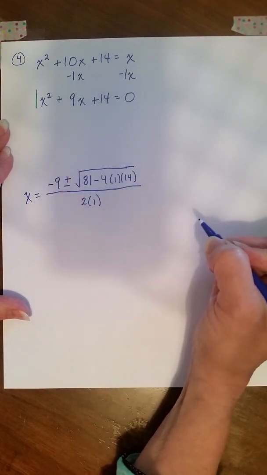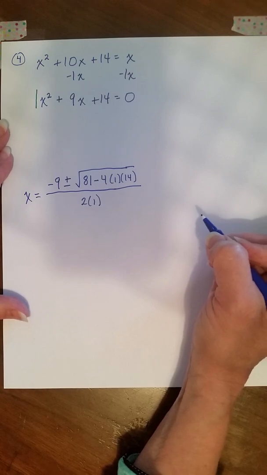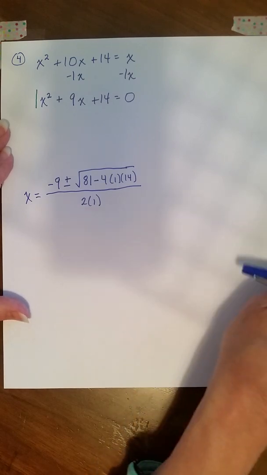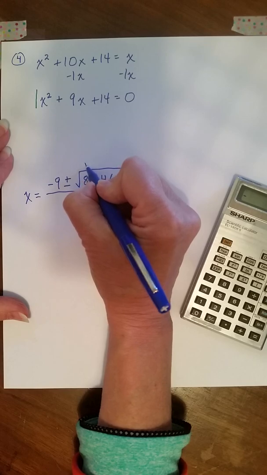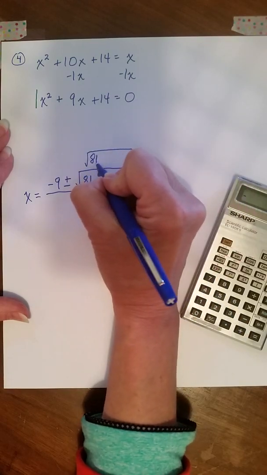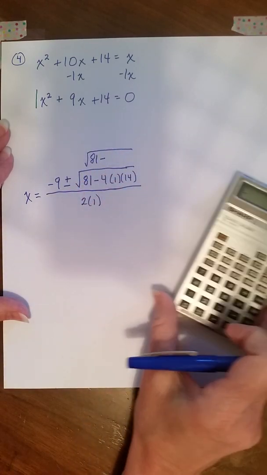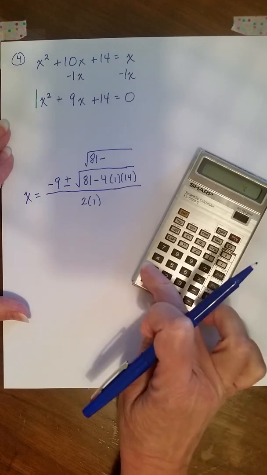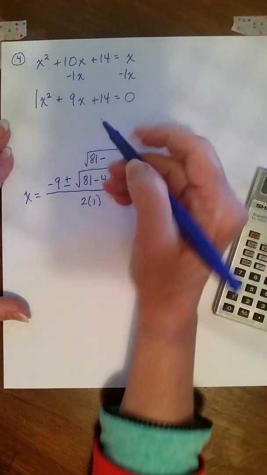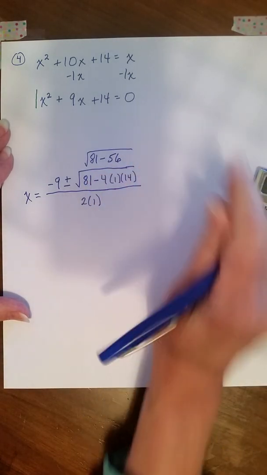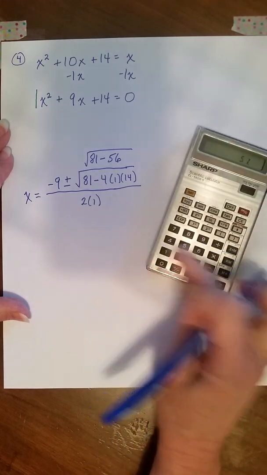I'm not a very good singer, but you get the idea. Okay, so now let's see. We have the square root of 81 minus 4 times 14. 4 times 14 is 56. 81 minus 56.